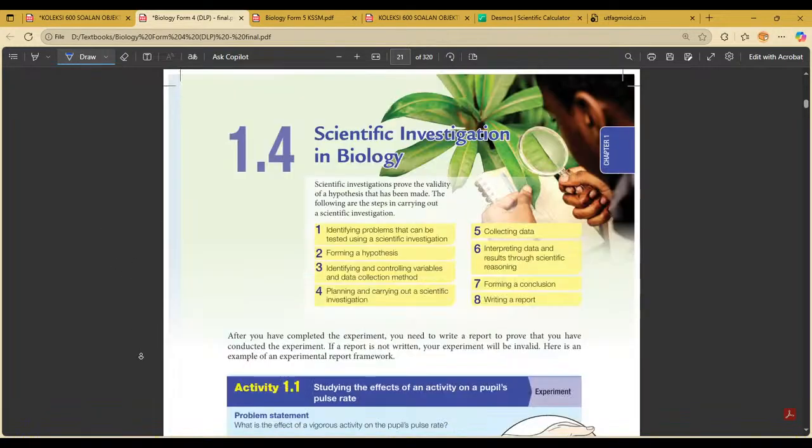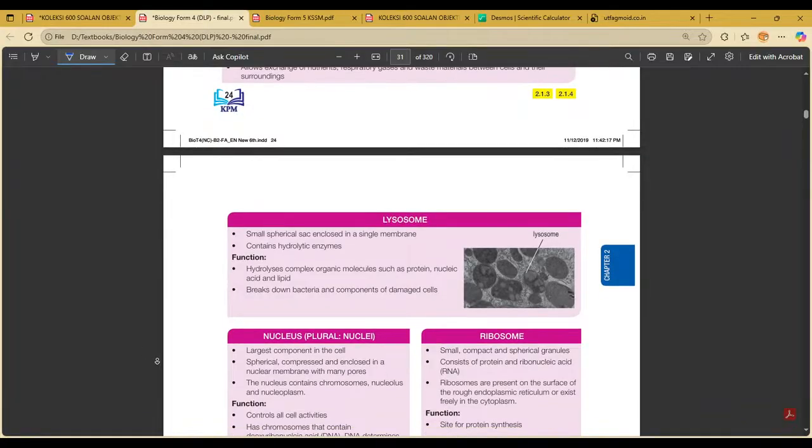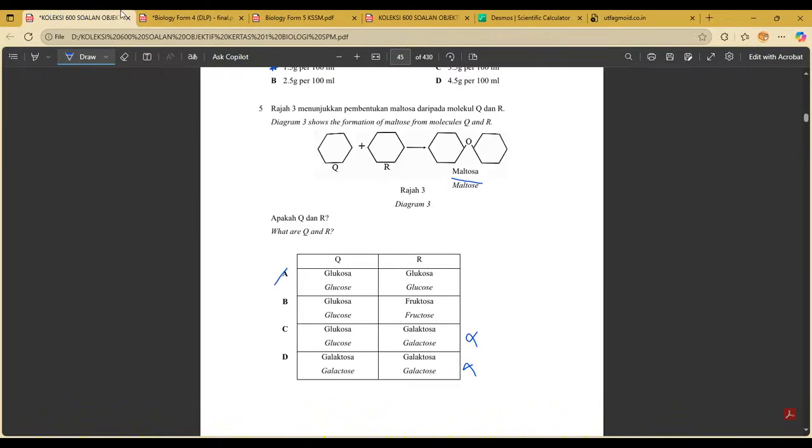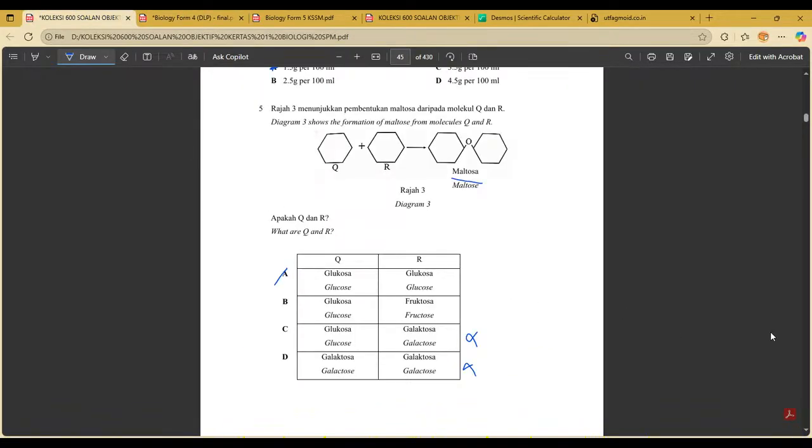What about glucose and sucrose? What does that mean? Glucose and fructose, not that. Oh, damn, it makes fructose. Glucose makes maltose. Glucose and galactose makes lactose, and glucose and fructose makes sucrose, which is common sugar.